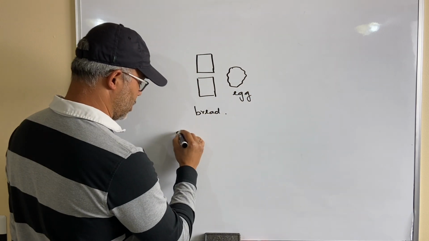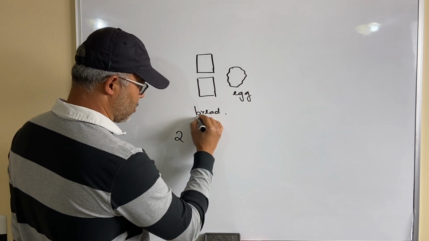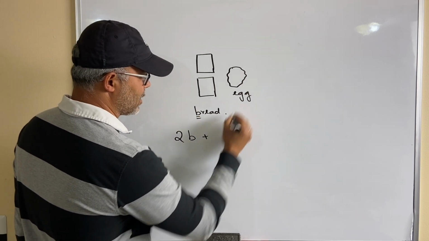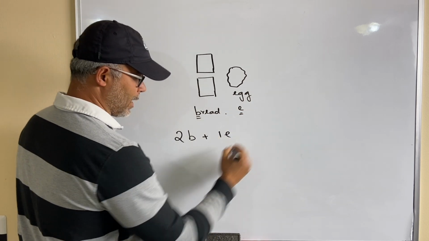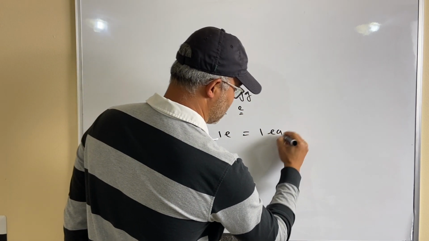Okay, so you need 2 breads, so let's call bread B, plus 1 egg, so let's call egg E, and that makes 1 egg sandwich.